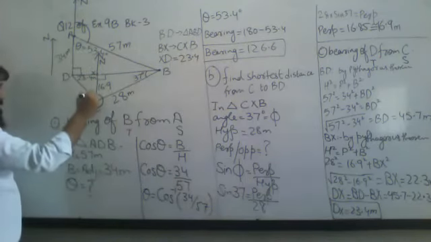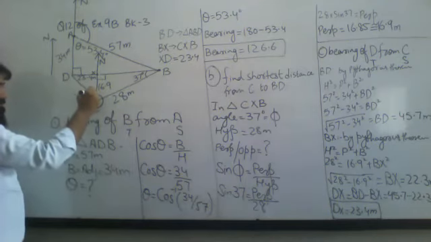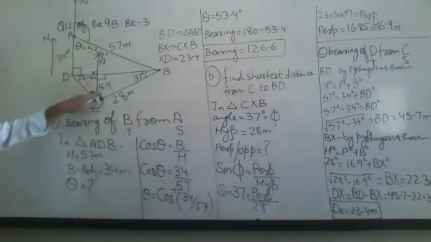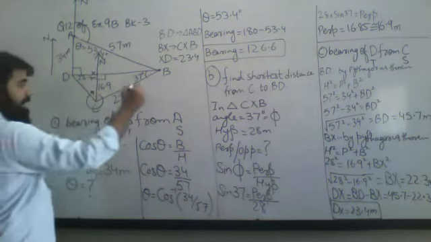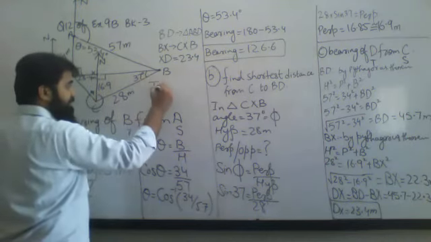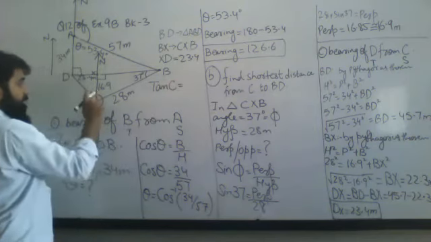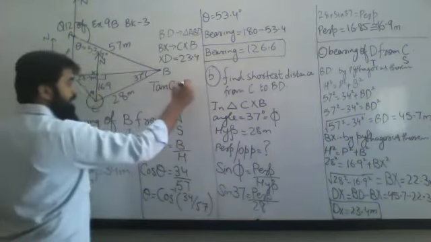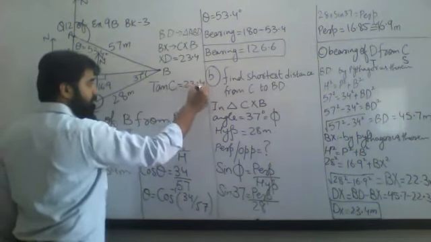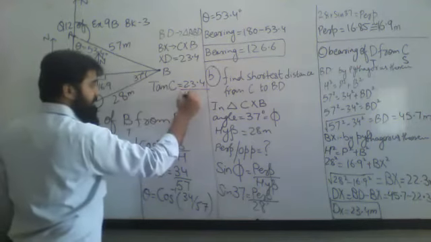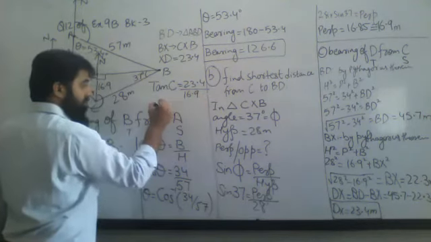I have to find this angle. According to this angle, this is your perpendicular and this is your base. So I have to find tangent C. The perpendicular is given, 23.4, and the base is given, 16.9.